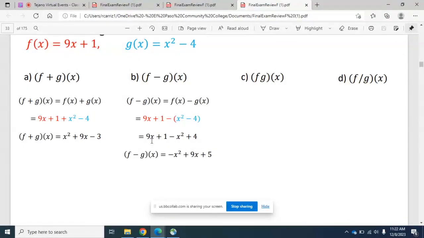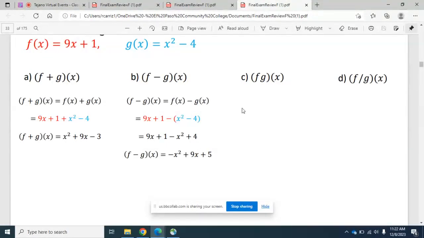I have a lonely linear term, x to the first power, the 9x, so it's plus 9x. But I have two like terms, which are my constants. I have a plus 1 and a plus 4. So 1 plus 4 is my 5. So the subtraction of function f with g is negative x squared plus 9x plus 5.